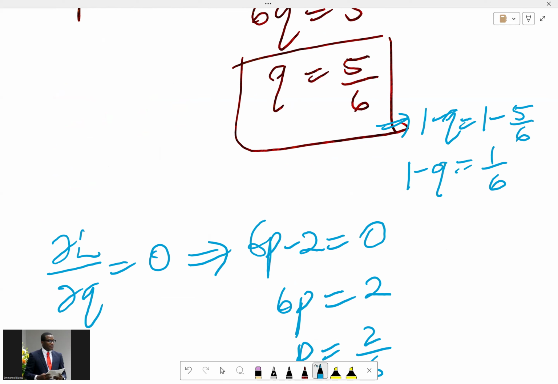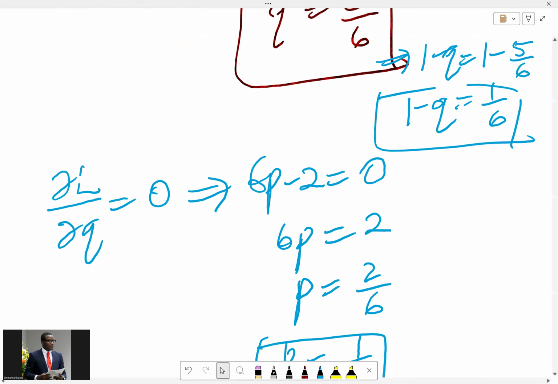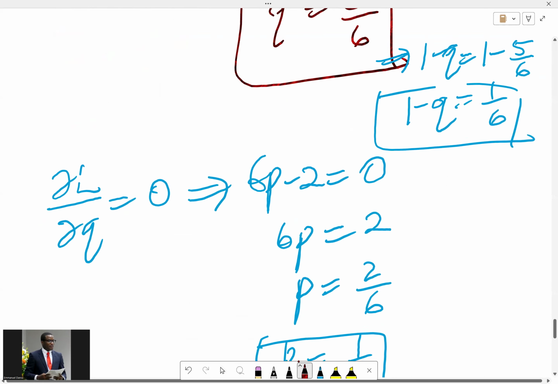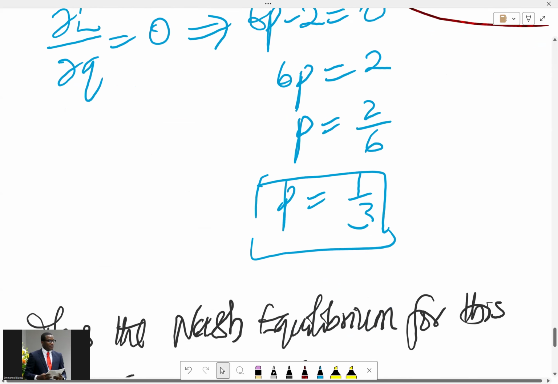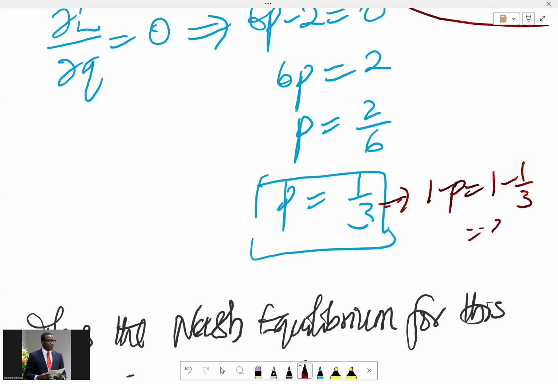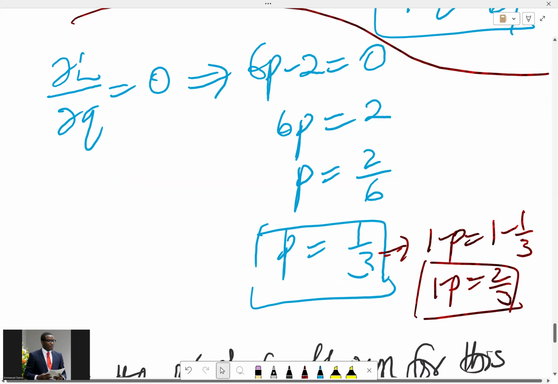So 1 minus Q is 1 over 6. Then we also know that 1 minus P is 1 minus 1 over 3, which is 2 over 3. So 1 minus P is 2 over 3.